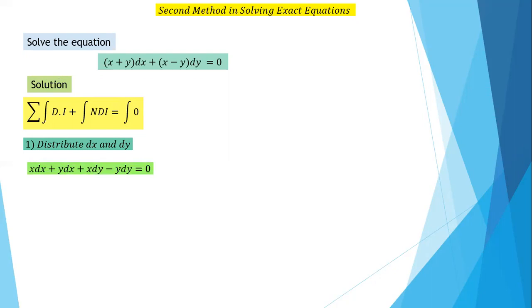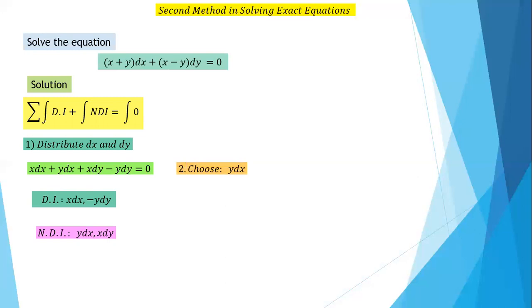Then we have x dx plus y dx plus x dy minus y dy equals 0. For our direct integrands, we have x dx and negative y dy. Then for our NDI, we have y dx and x dy.